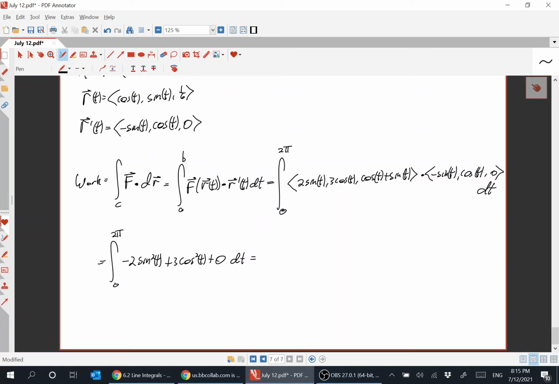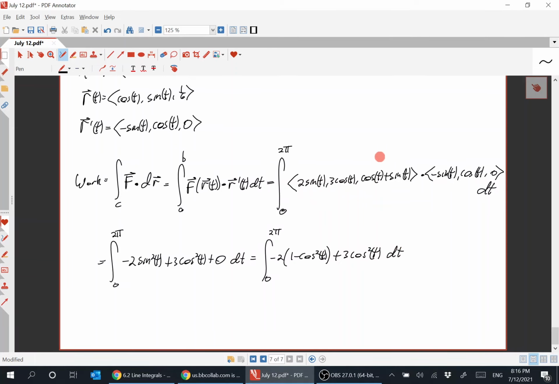And that is a nasty one. So let us change the sine squareds into cosine squareds. So it's minus 2 times 1 minus cosine squared t plus 3 cosine squared t dt.